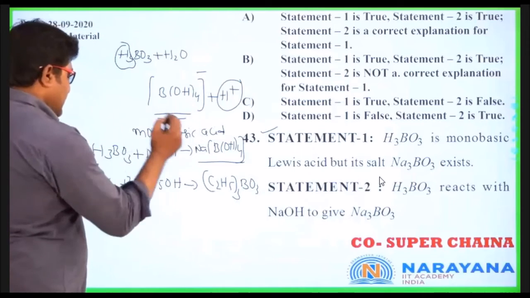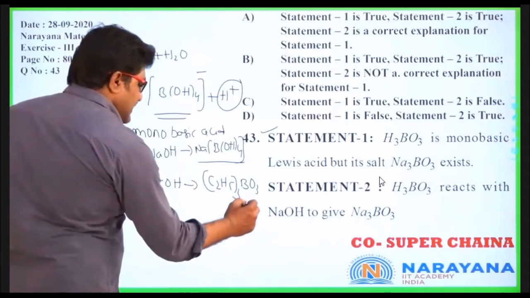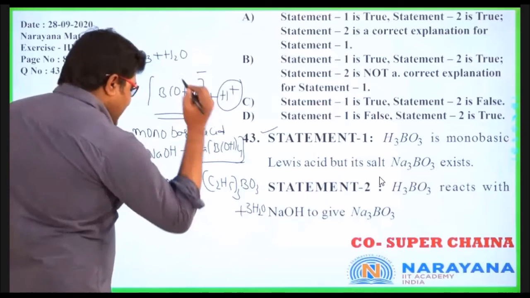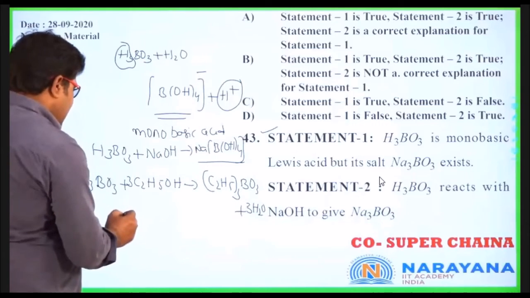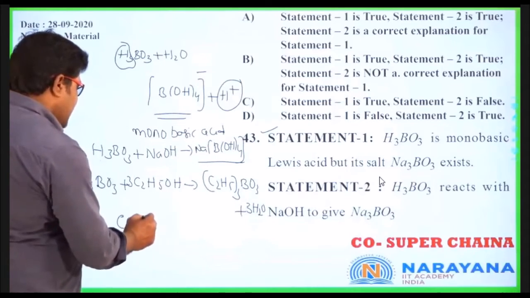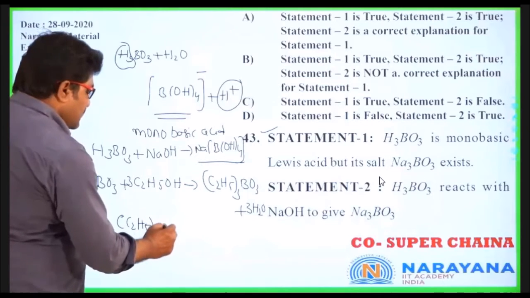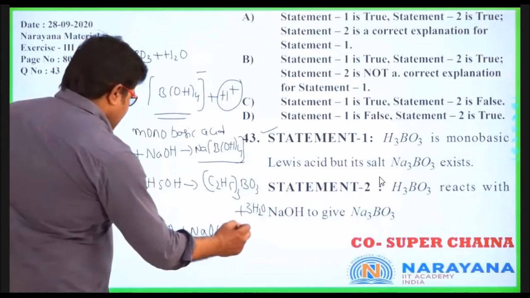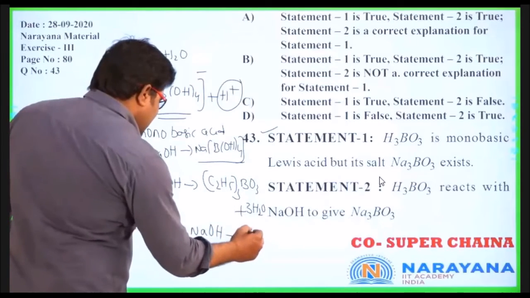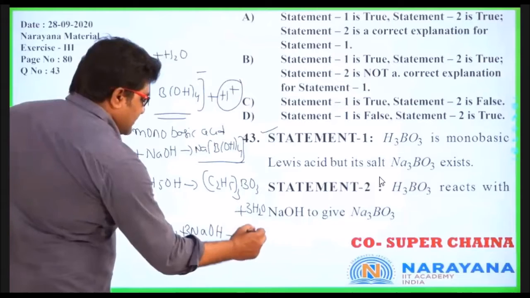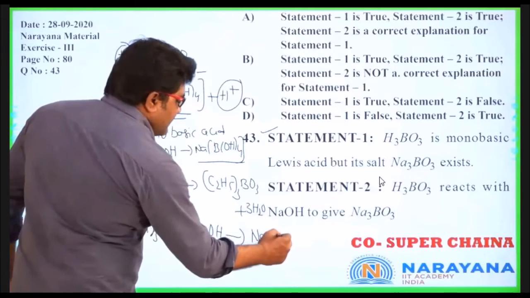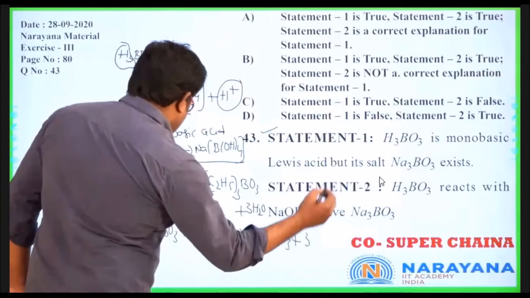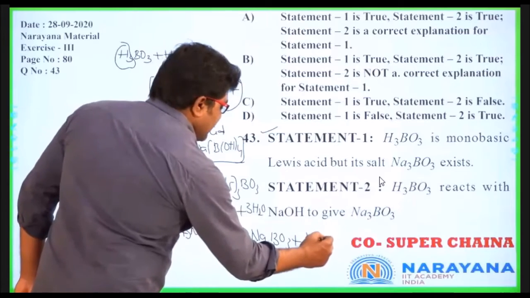If you take 3 moles of alcohol, 3 water molecules are liberated. Whenever this triethyl borate, (C2H5)3BO3, is treated with 3 moles of NaOH, it forms Na3BO3 plus 3 moles of ethyl alcohol, C2H5OH.